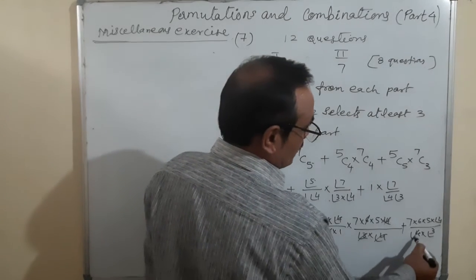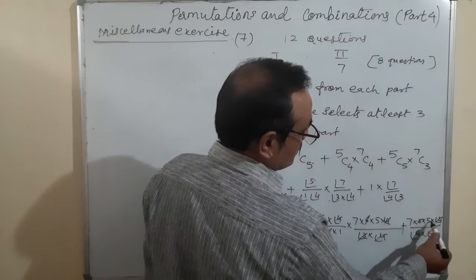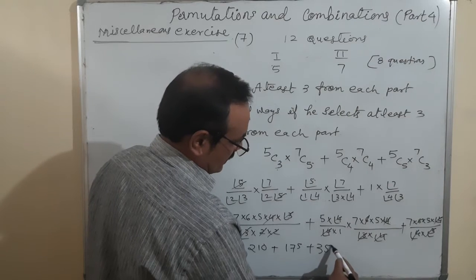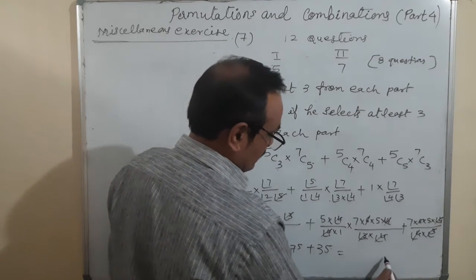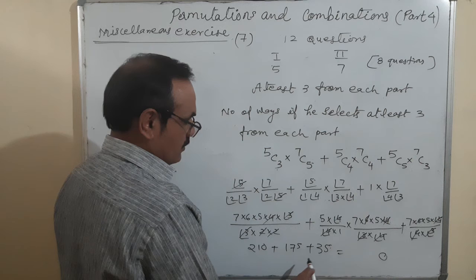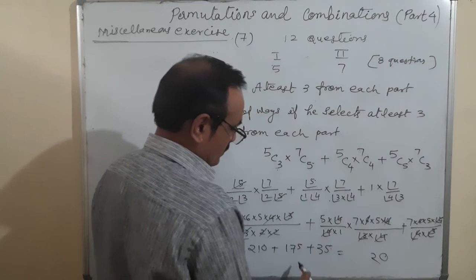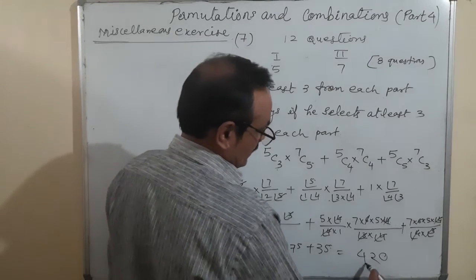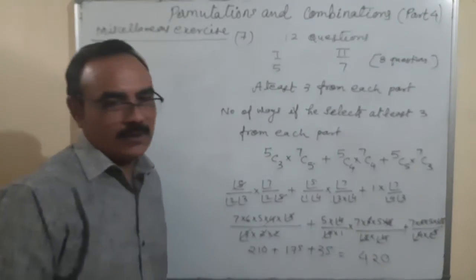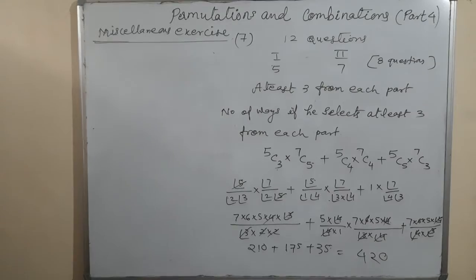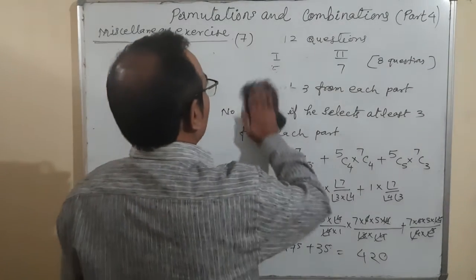Coming to the last one, factorial 4 cancels, 3 2s are 6, 7 5s are 35. So total 210 plus 175 plus 35 is 420 ways. So these questions will be selected in a total of 420 ways.